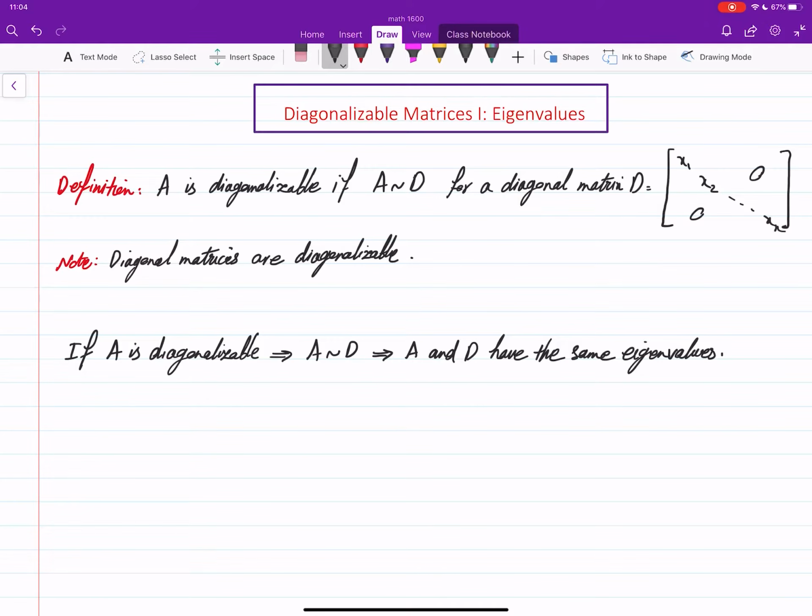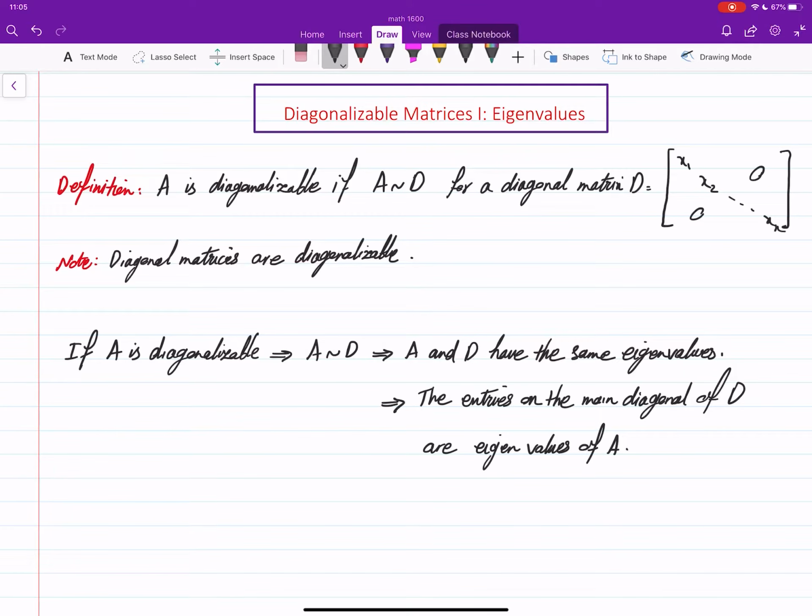So this means that the entries on the main diagonal of D are eigenvalues of A. So exactly the eigenvalues of A will appear there.